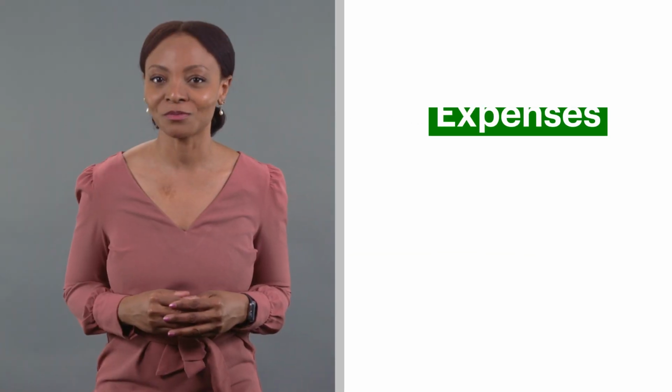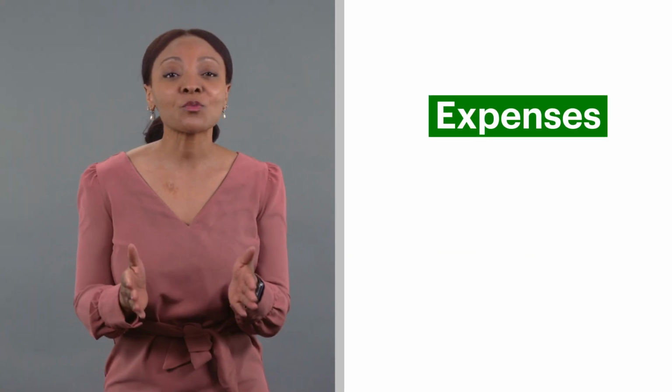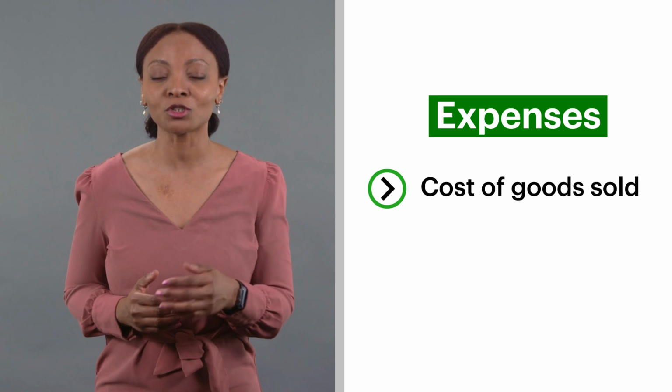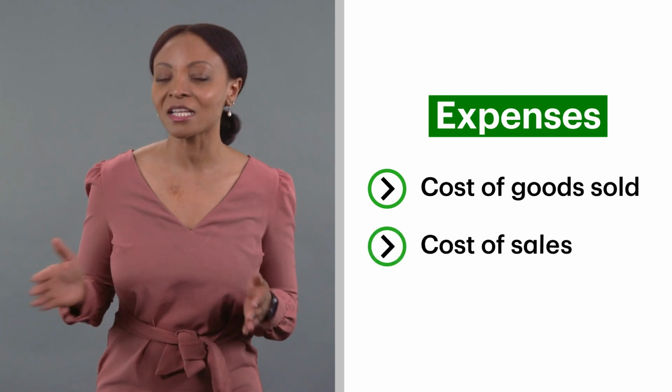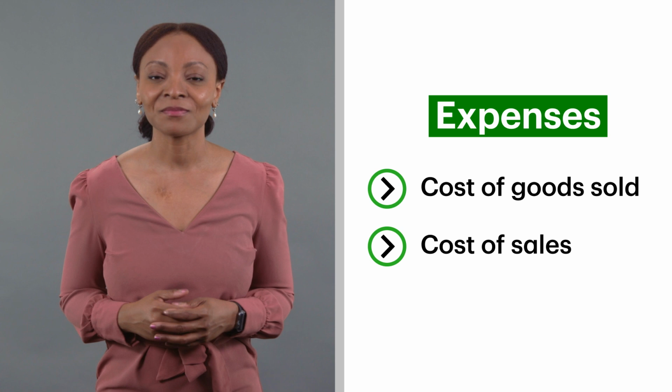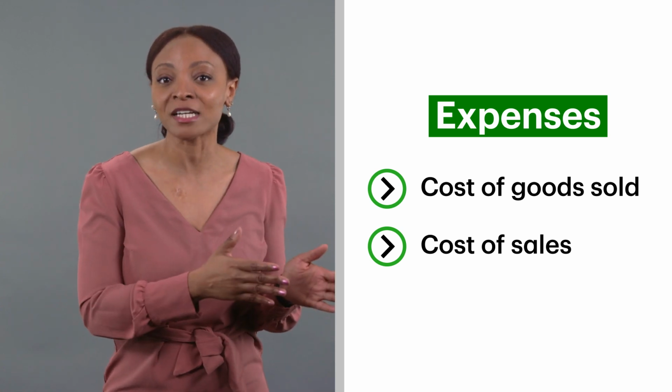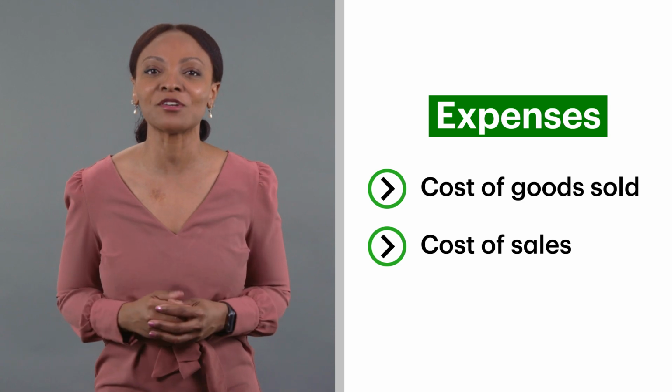Section number 2, expenses. Here's where the cost of doing business comes into play. The first item is typically cost of goods sold or cost of sales, depending on the type of business. It accounts for all the costs directly related to creating and selling products or services to generate revenue.